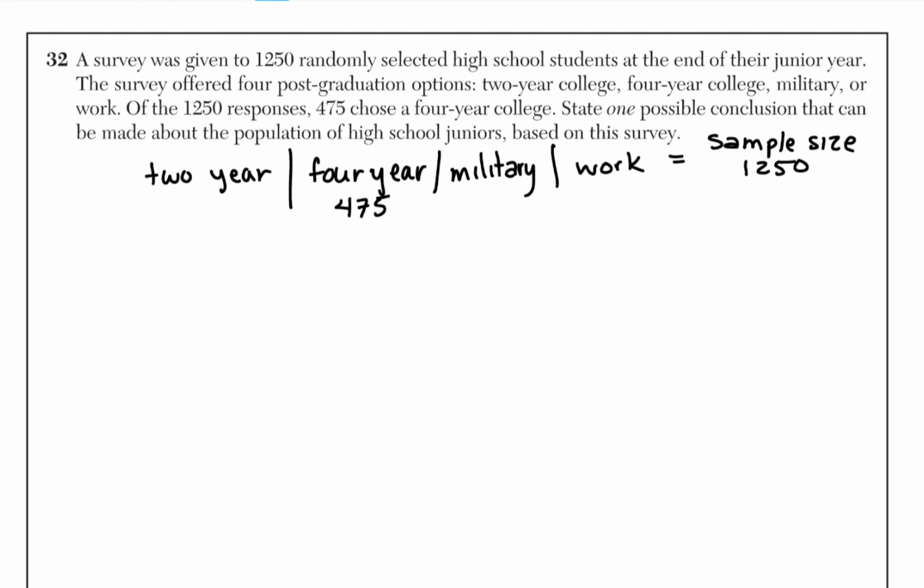And so that means that 475 over 1,250, this would be the 4-year college, would be 0.38, meaning 38%. So that means that 38% of the 1,250 students in the sample would choose a 4-year college.